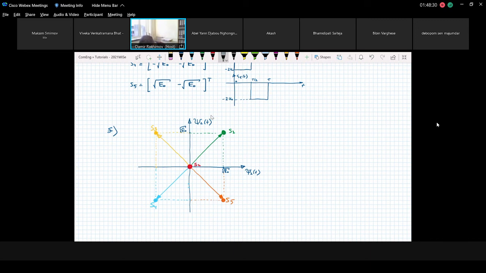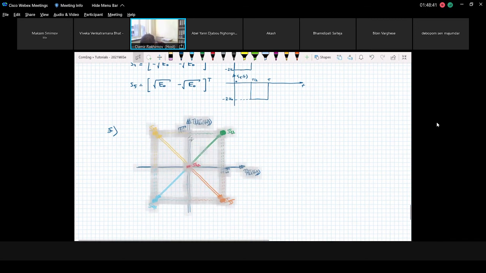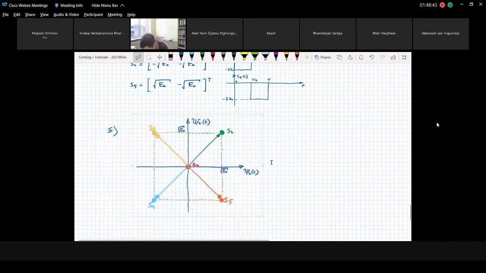We find the middle point between them, but they're not aligned with the axis. Oh, sorry, not axis, but with the grid. I need to shift a little bit. Okay, now it's better. The middle will be here. And I plot an orthogonal line.